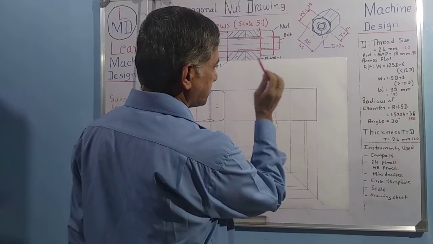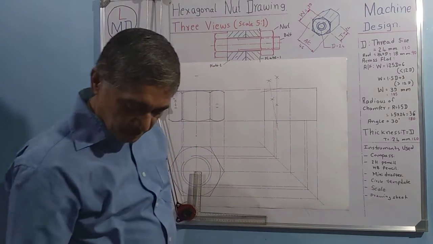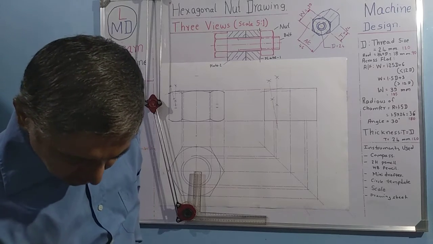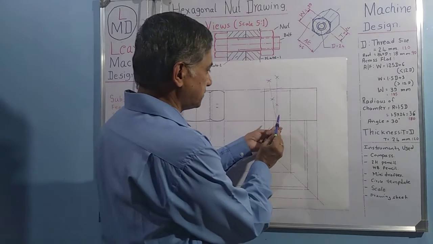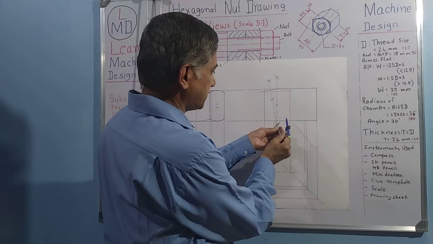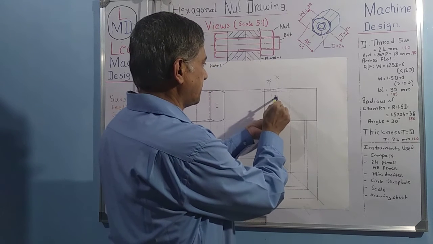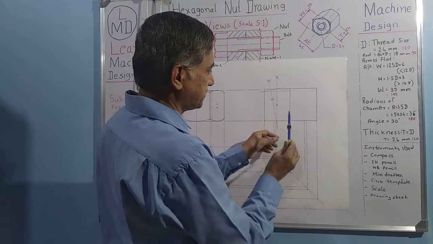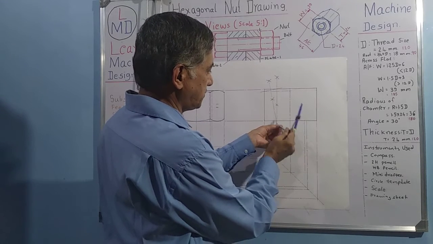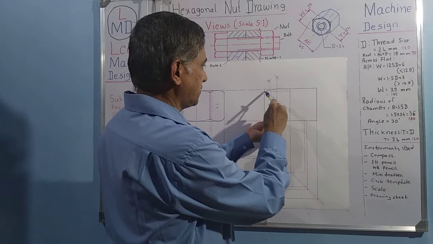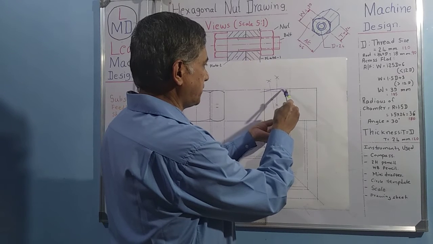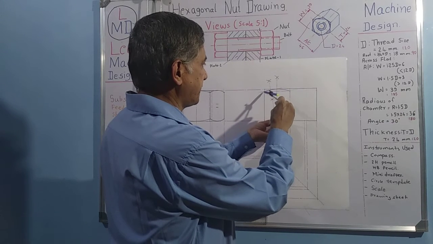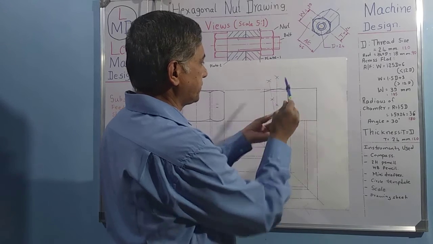top radius. Take again a compass, put the pointer here, use this as a point, use this, draw like this, okay.